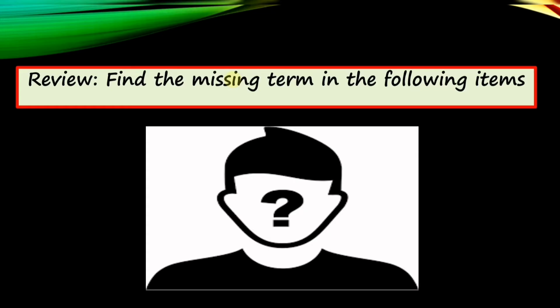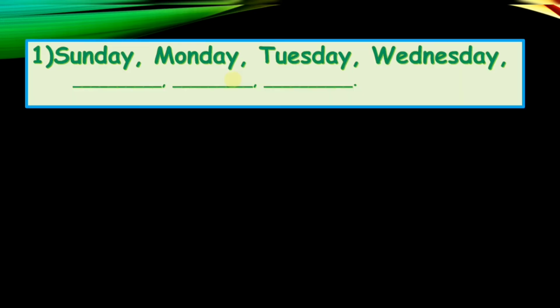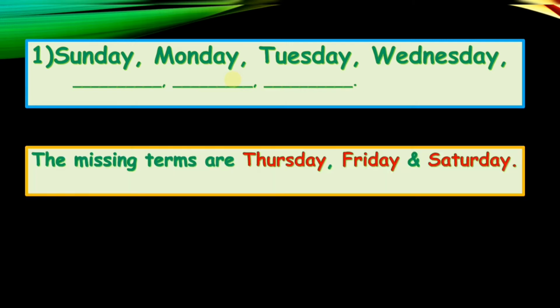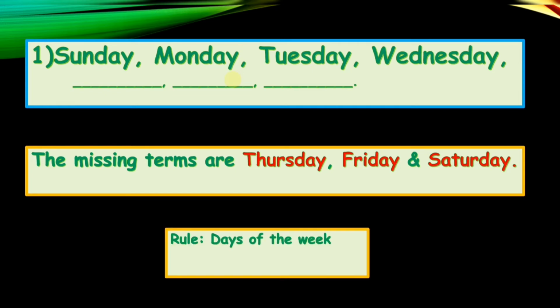So let's have a review. Find the missing term in the following items. We have here number one: Sunday, Monday, Tuesday, Wednesday, blank, blank, and blank. All right, the missing terms are Thursday, Friday, and Saturday. So the rule is days of the week.